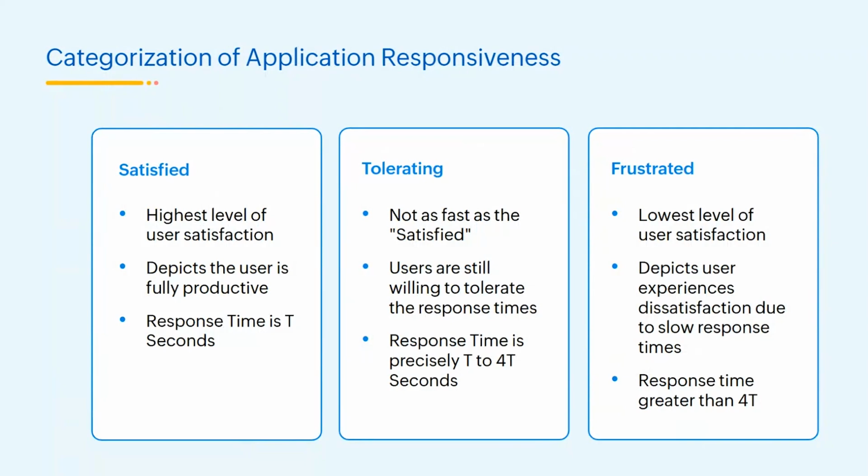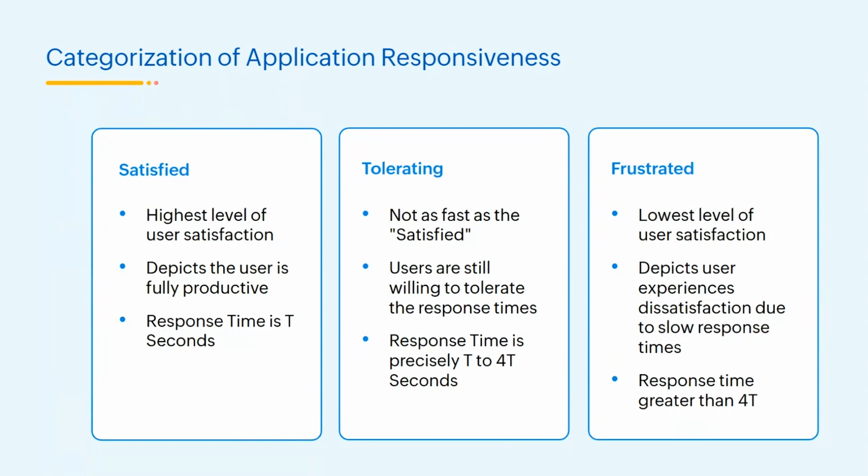The second one is tolerance. The tolerance category indicates that the application's response time is between the tolerating threshold and the satisfied threshold. So users in this category might tolerate the performance but may not be entirely satisfied under this satisfied category and this tolerating category. So the last one is frustration.